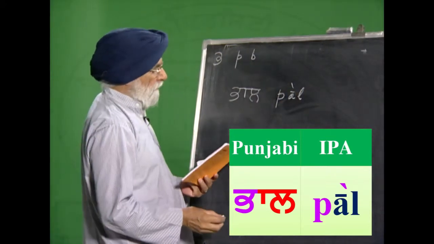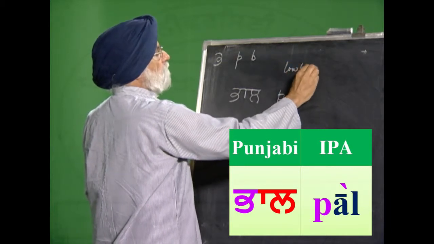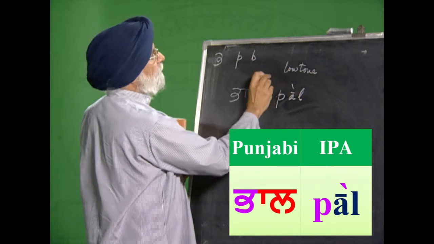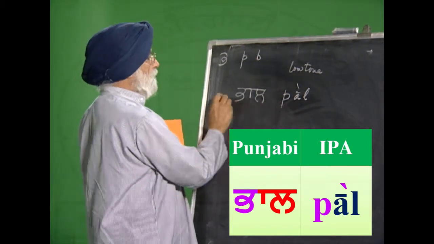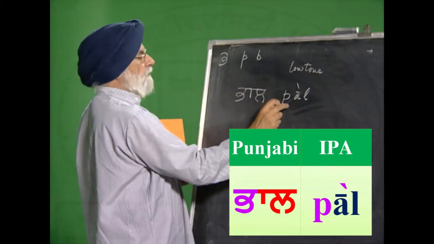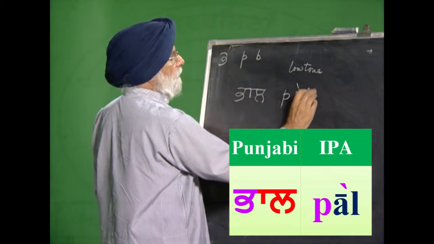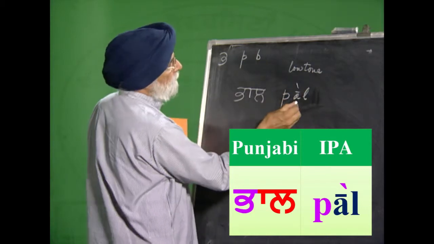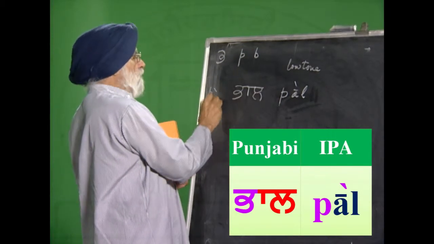See, this is low tone. You see, voiceless consonant plus low tone. So, at this level, it is pa. You can say pa and low tone. You see, pa followed by low tone on the vowel.